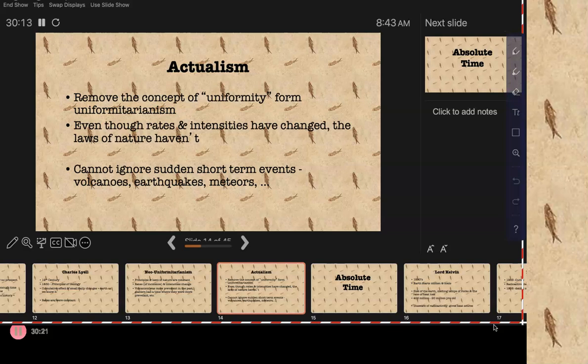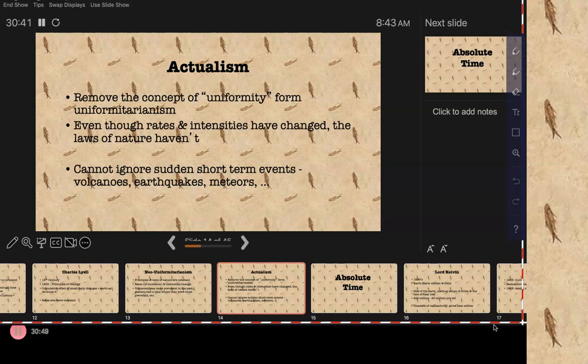But we cannot assume that things were constant, and we also need to bring the catastrophists back into the fold for a moment: there were some significant events on this planet that changed not just life, but oftentimes the landscape of the earth.